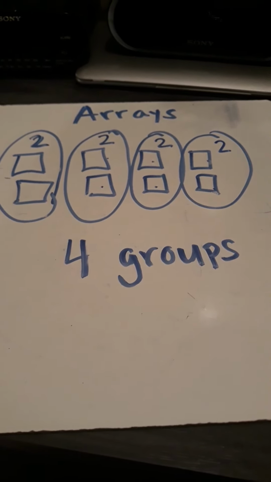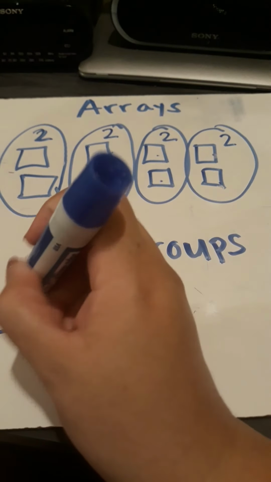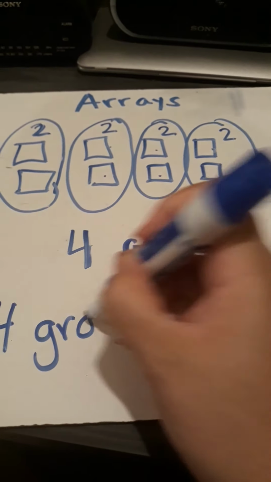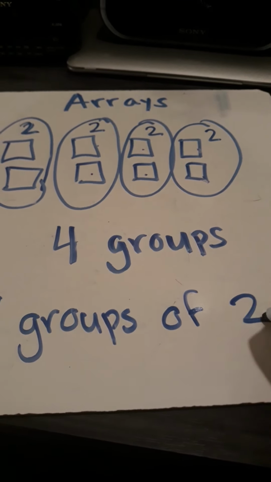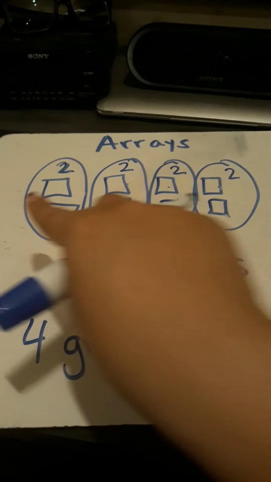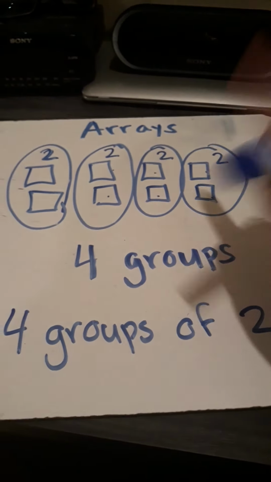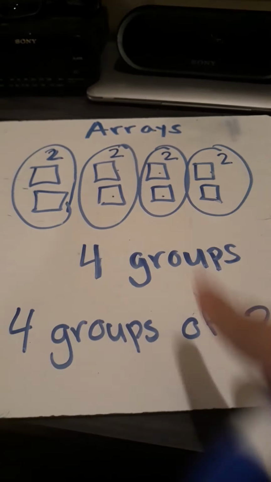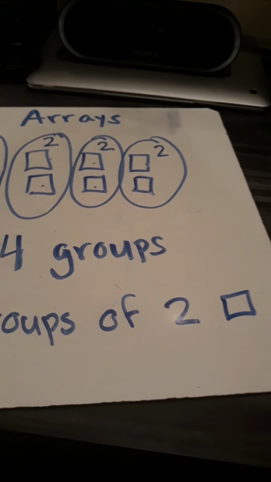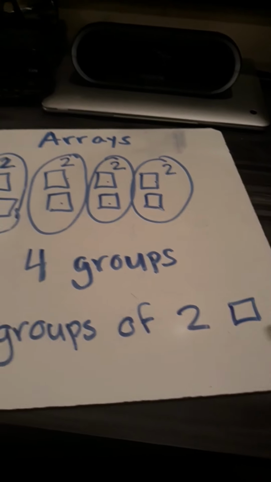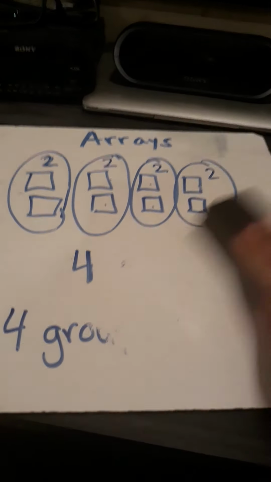So I guess you could say I have 4 groups of 2. And in each of my groups, I have 2 squares. You're starting to see the connection?